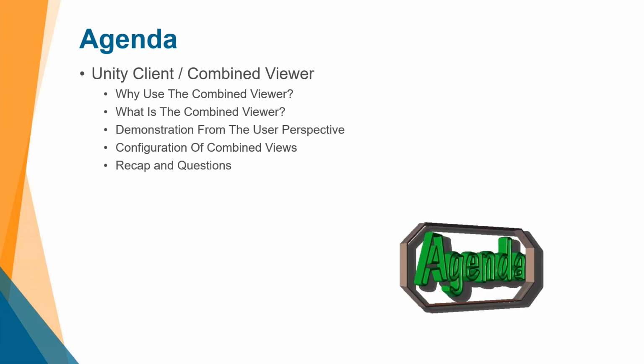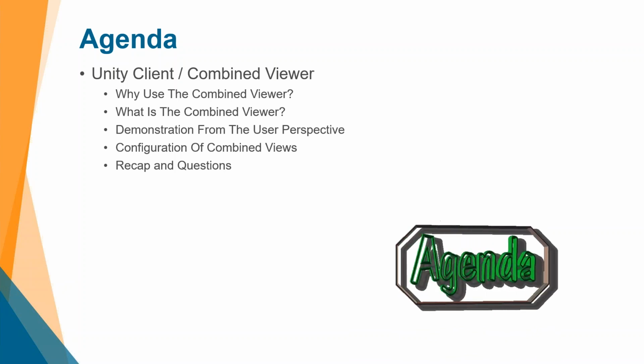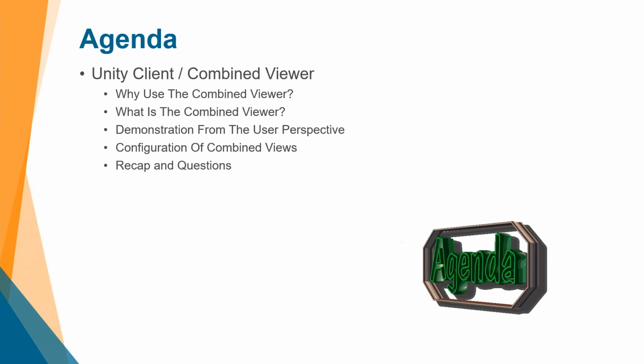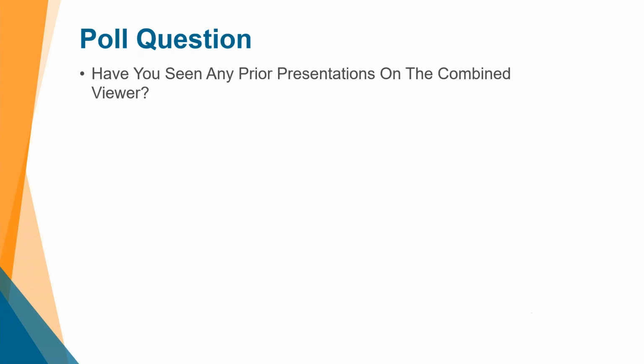And then I'll go through a demonstration of the combined viewer from the user perspective, as well as how you would actually configure it. A little bit of cause and effect, just to give you some baseline understanding of how you can set up the combined viewer in your own environment, or something that you might look at doing sometime in the future. And we'll leave a few minutes at the end for any questions that you might have.